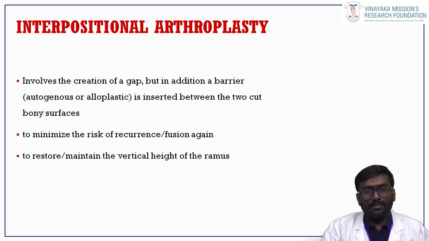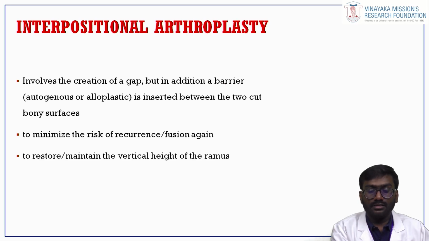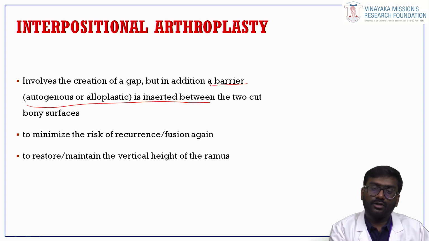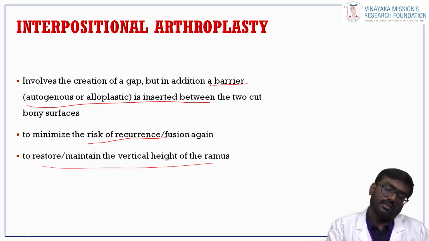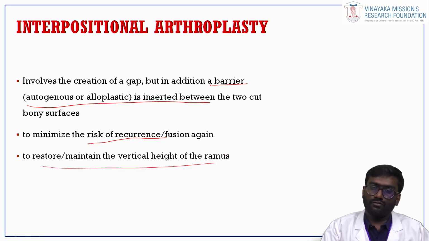So after gap arthroplasty, the additional step is interpositioning that gap with a barrier material, which is called interpositional arthroplasty. The main aim is to put a barrier material, autogenous or alloplastic, between the two cut bony ends to prevent recurrence, so that fusion does not happen again. Also, if you are going for bony reconstruction, you can achieve normal vertical ramus height as well.